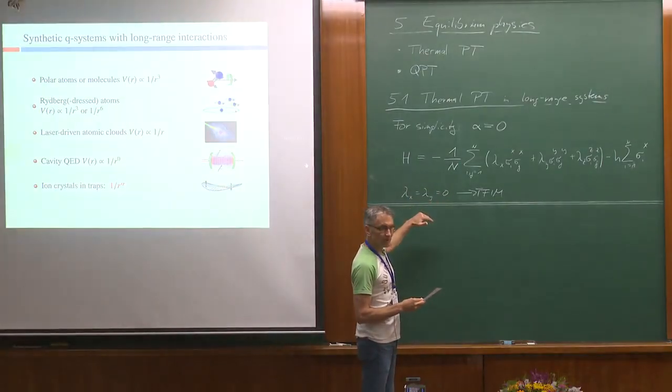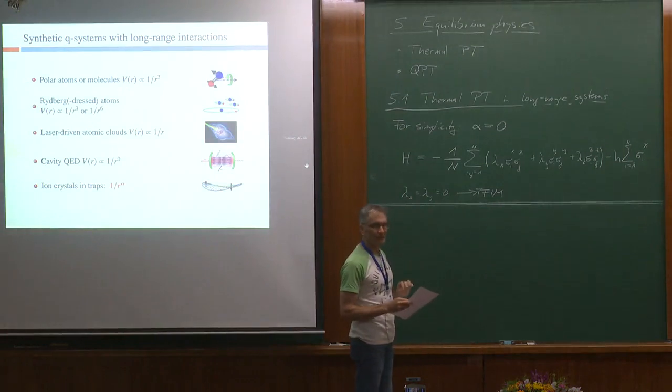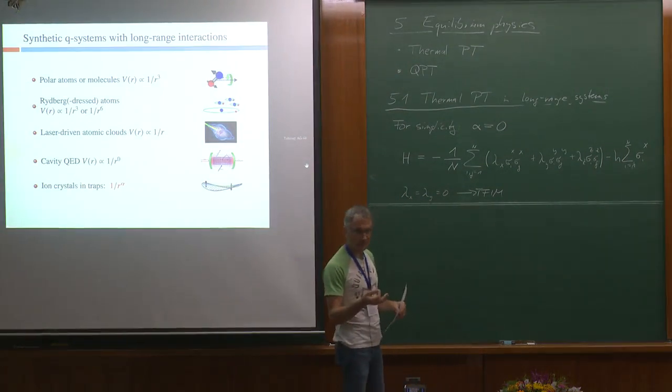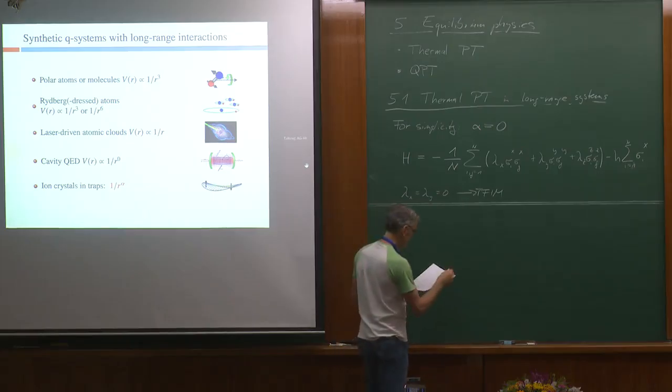I will discuss with you a special case. You will immediately understand why the special case I look at is even simpler in calculations, but I'll also tell you how you generalize this.